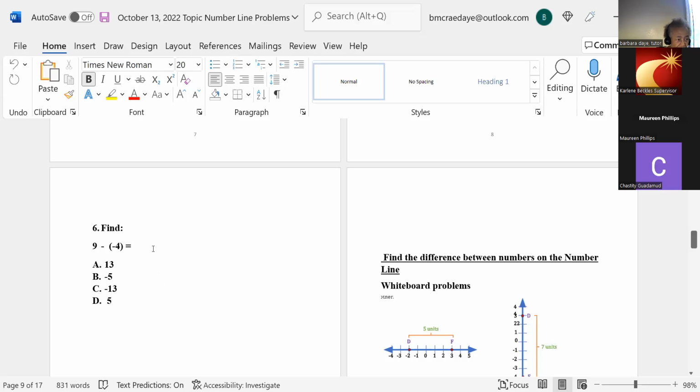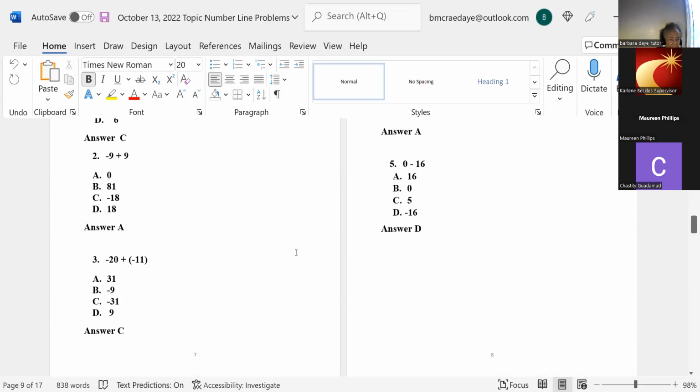That's right. So this becomes 9 plus 4, and that's equal to 13. So answer A. So the thing to keep in mind when you're subtracting, you really change the sign of the number to be subtracted.